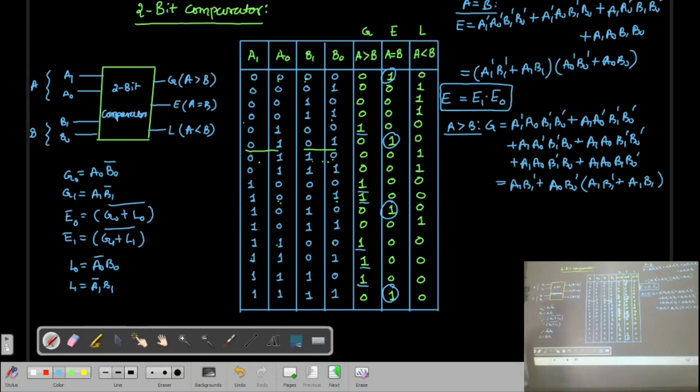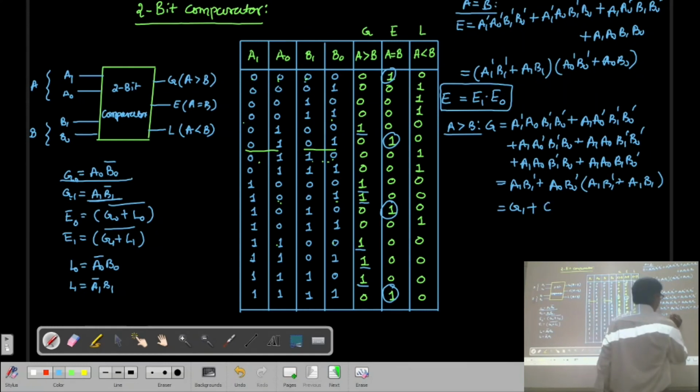Now A1 B1' is representing G1, A0 B0' is representing G0, and A1' B1' plus A1 B1 is representing E1.